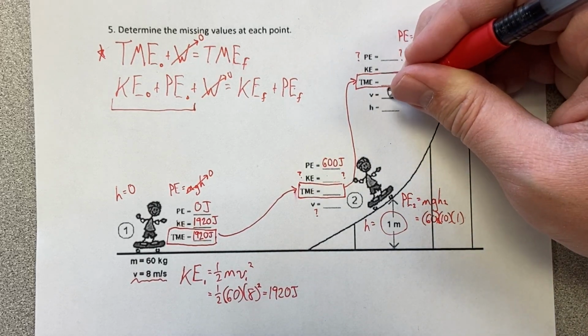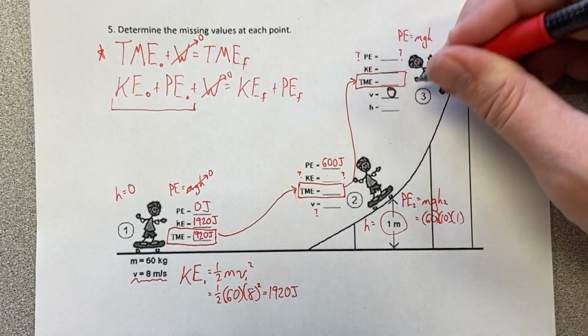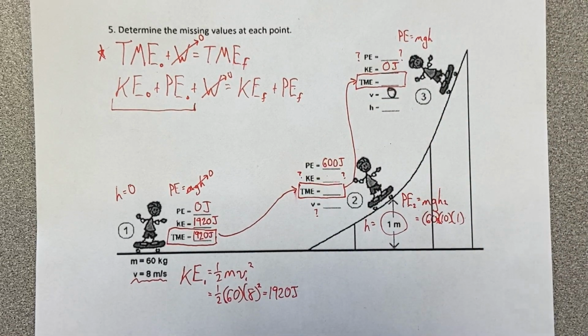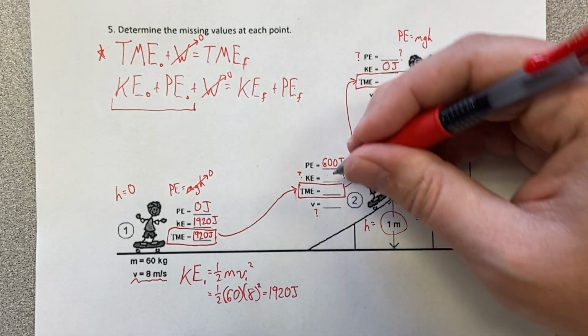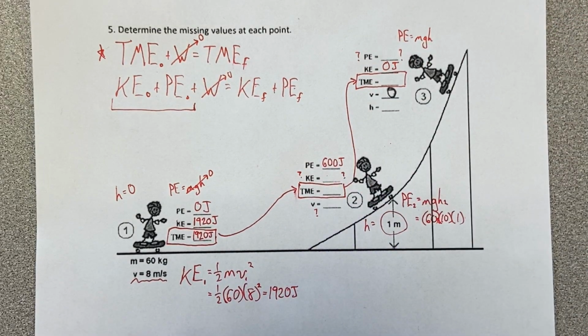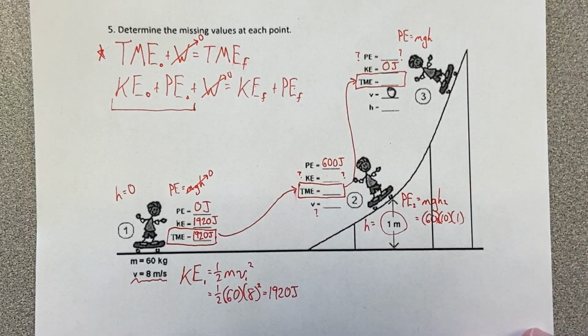Well, since our speed at point 3 is 0, then our kinetic energy at point 3 has to be 0. So kinetic energy is 0, potential energy is unknown. At point 2, potential energy is 600, kinetic energy is unknown. And we have basically framed our question here.